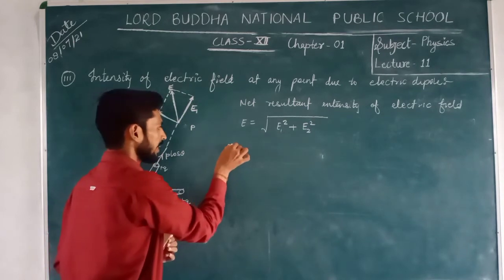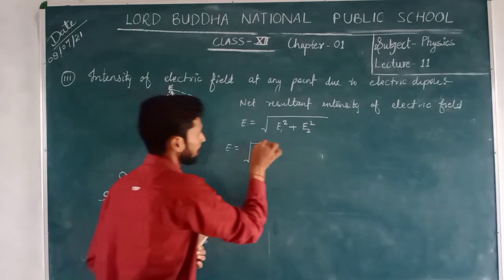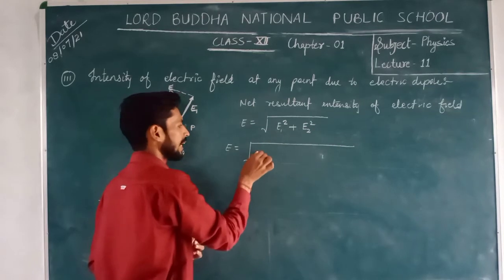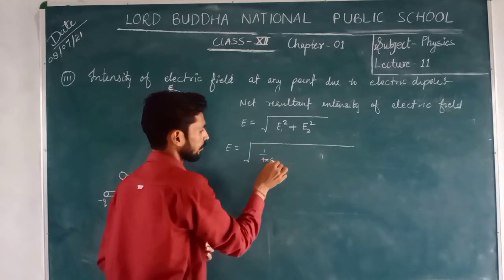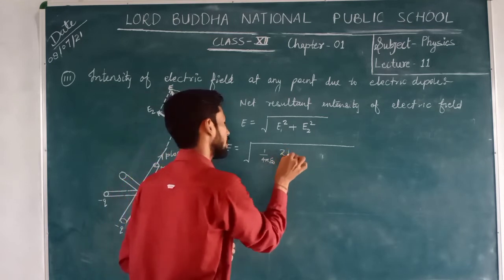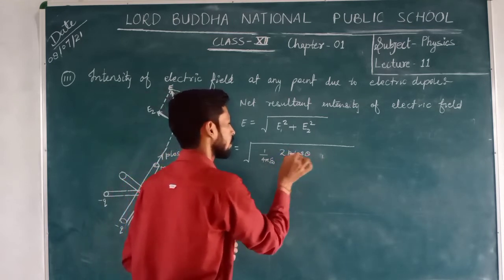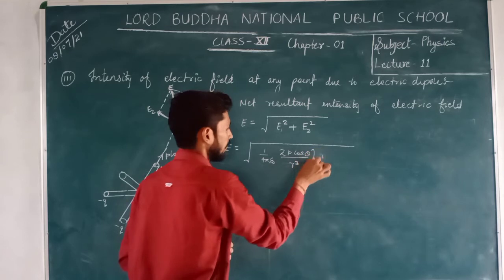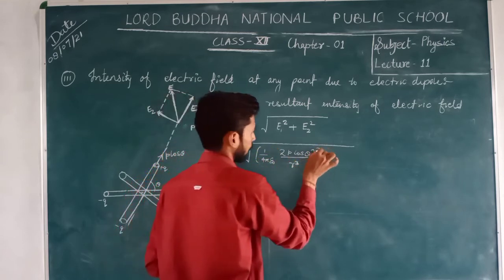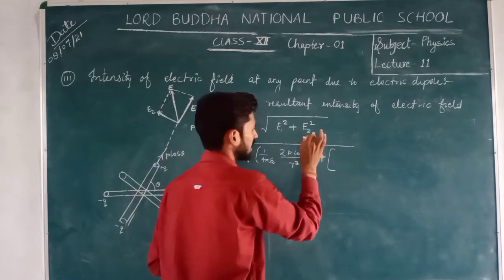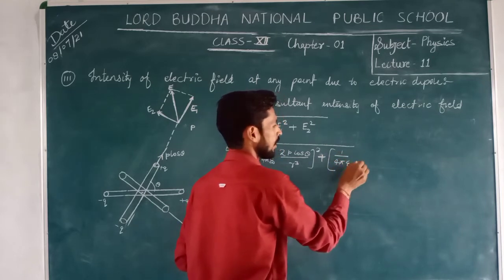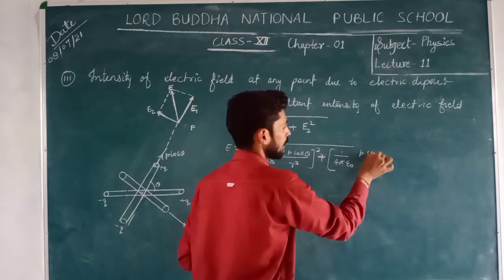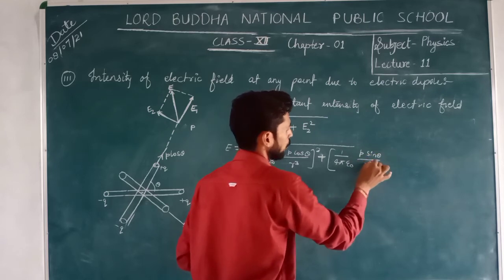And so, in place of E1 we can write 1 upon 4 pi epsilon naught, 2p cos theta upon r cube, and take here whole square, and plus, in place of E2 we can write 1 upon 4 pi epsilon naught p sin theta upon r cube.